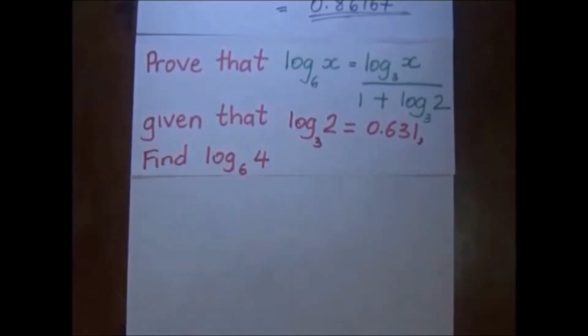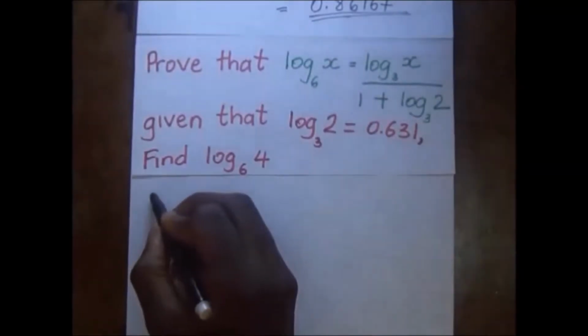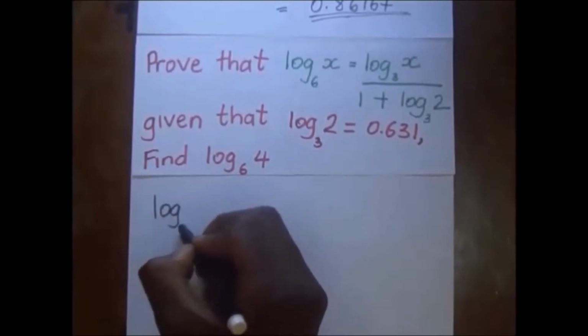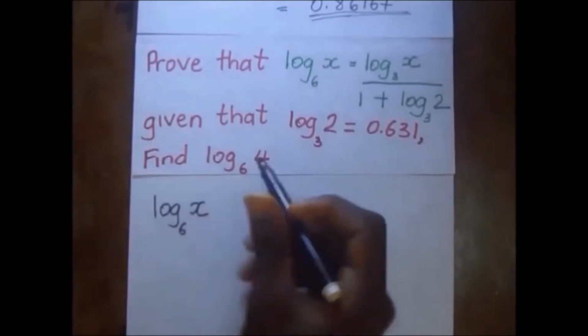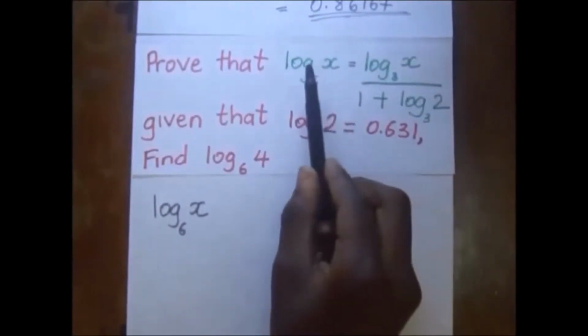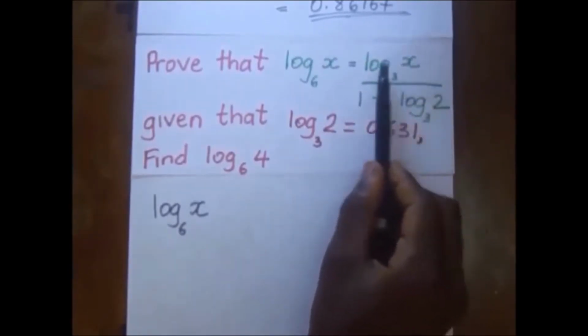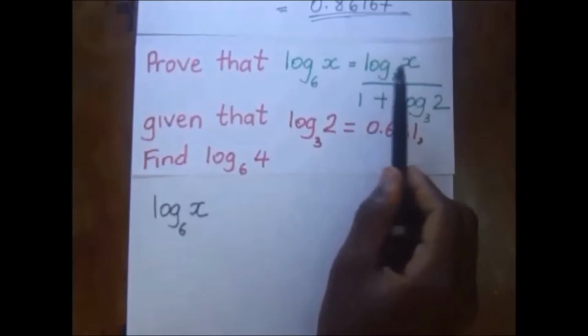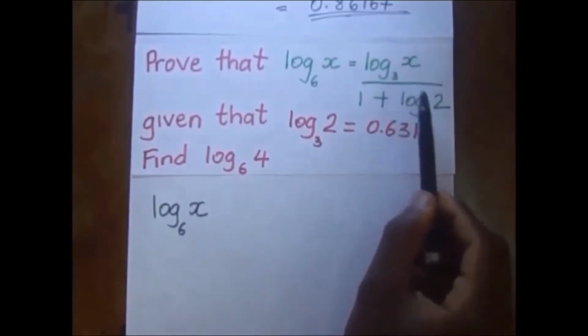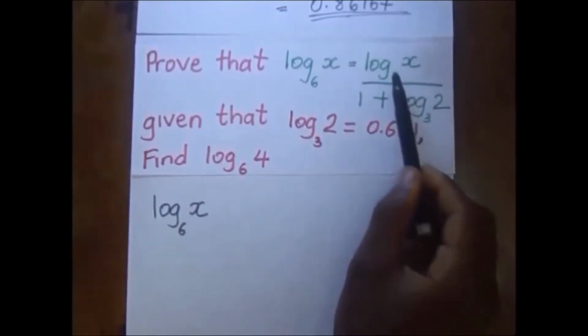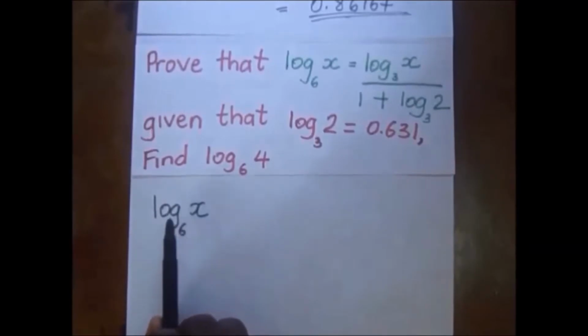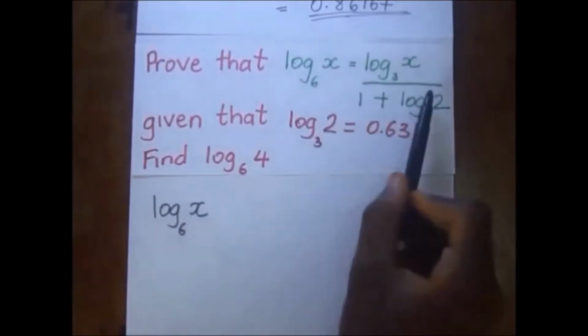Let's begin exploring it. So we are proving from this side, log of x base 6, which is that one. We are supposed to prove that this is equal to that. But if you look at whatever we are supposed to prove, everything here is in base 3. The logarithm is to base 3. So it means we shall begin here by converting this to base 3.